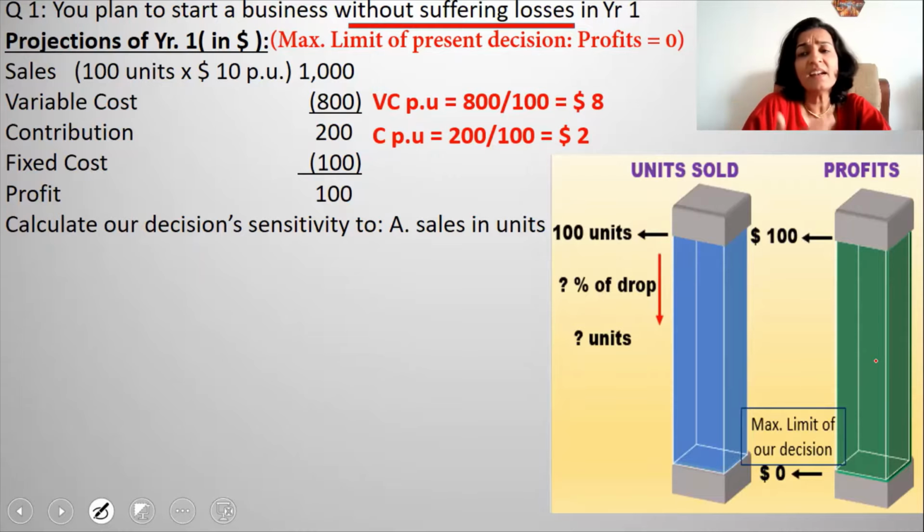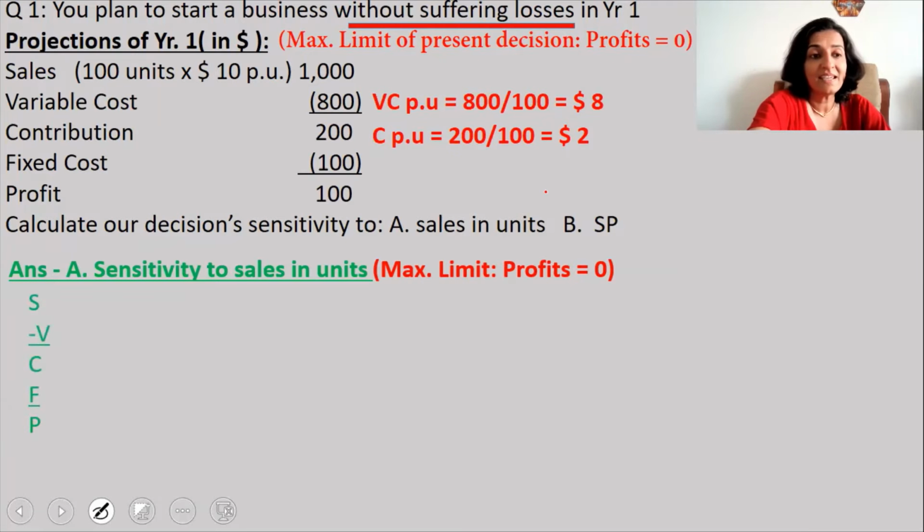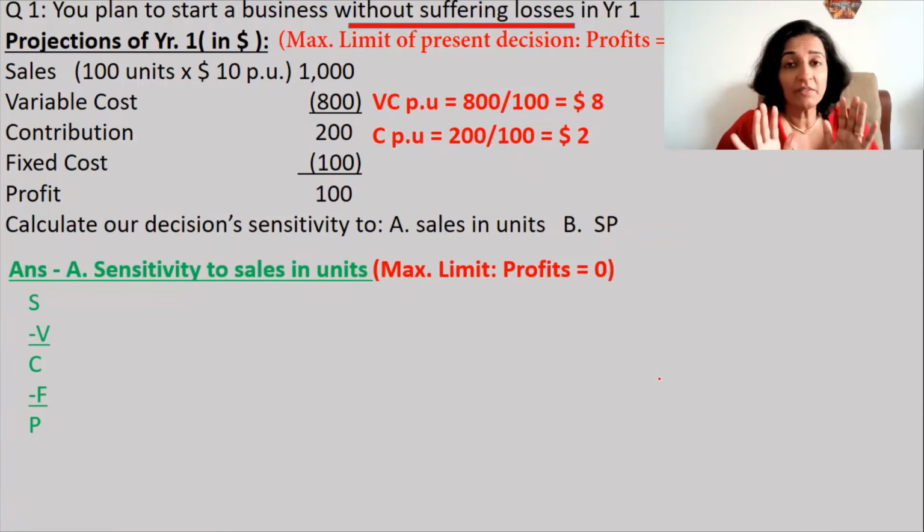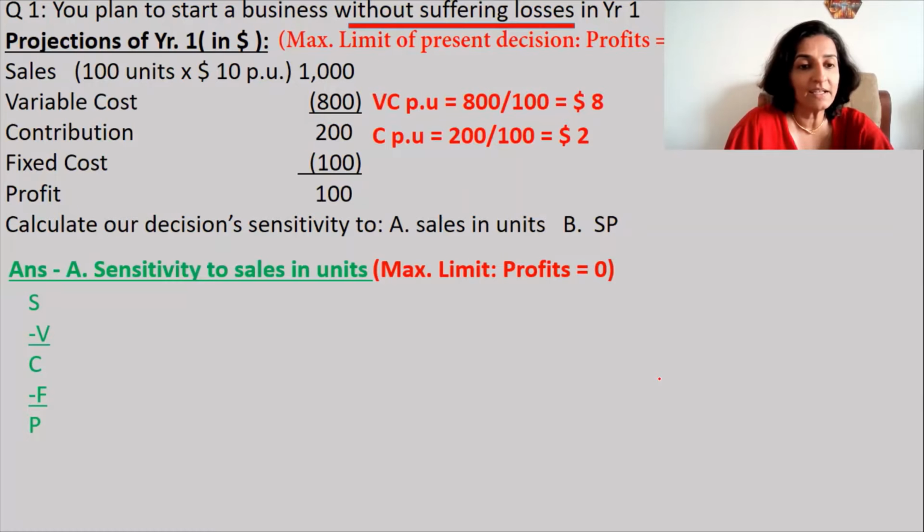For that, we have studied the basic format in marginal costing. What was our basic format? Sales minus variable cost gives contribution, minus fixed cost gives profit. So what are we trying to find out? We are trying to find out the number of units to be sold when profit is equal to 0. So we will first write profit is equal to 0.